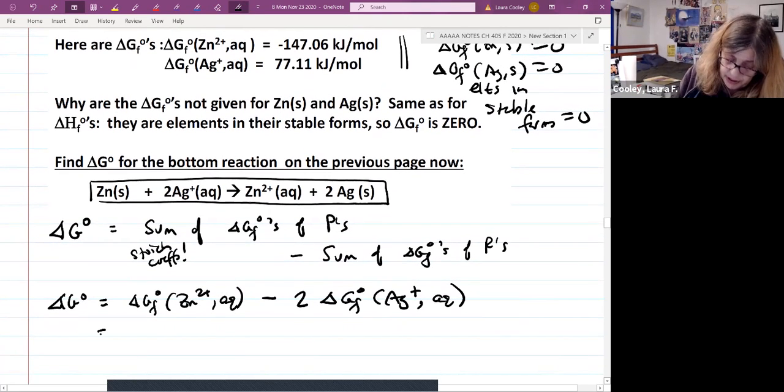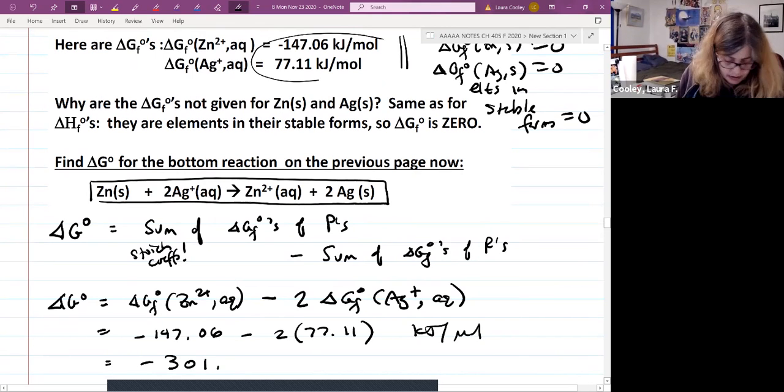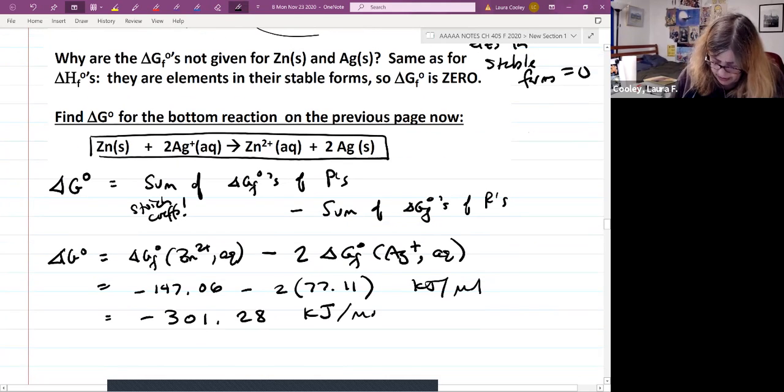So using the numbers that I've given you up here, this would be negative 147.06 minus 2 times 77.11. Okay, so that comes out to negative 301.28 kilojoules. I say kilojoules per mole. I don't really know. I don't care.